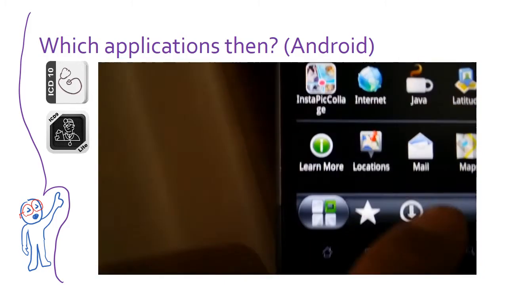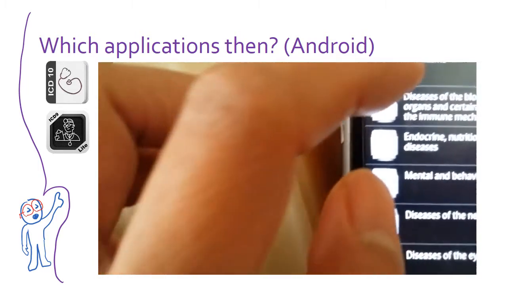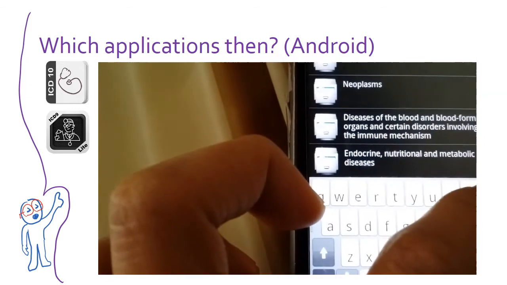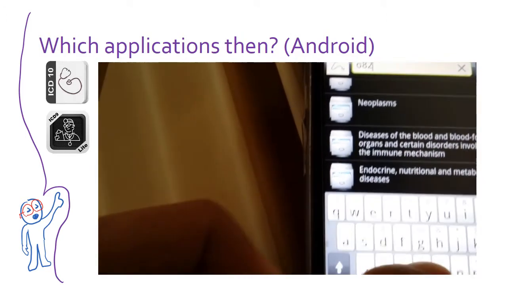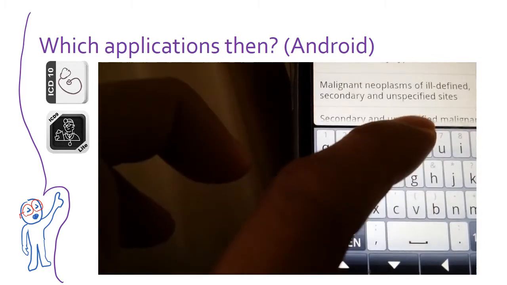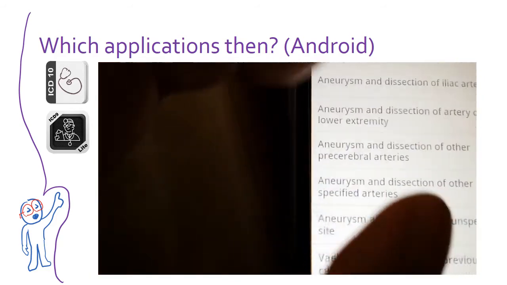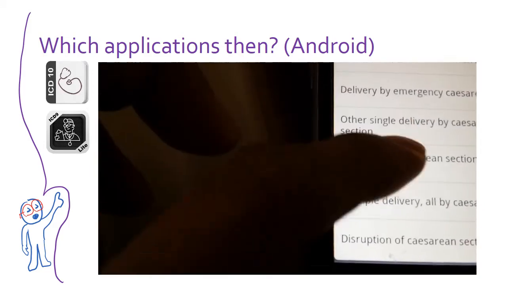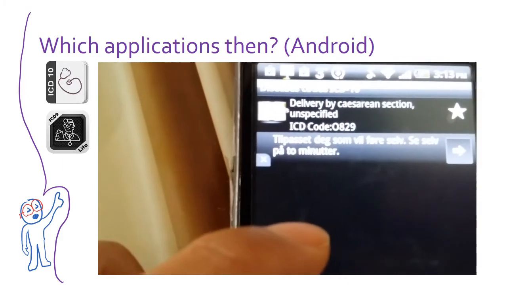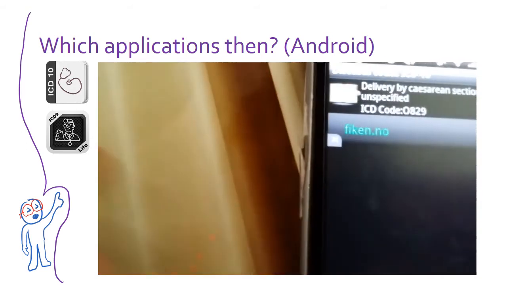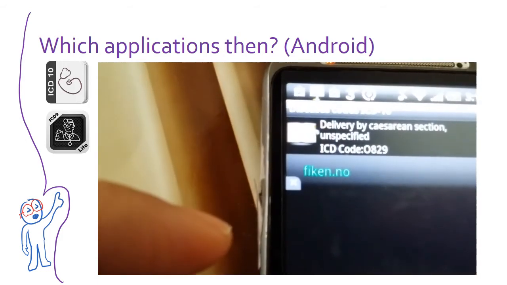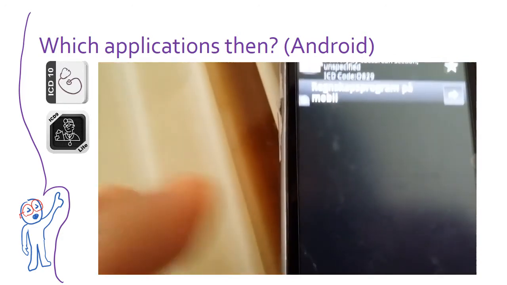Meanwhile, if, for example, you are using ICD-10, here you will find that it has expanded code versions, which is O82.9, or in other software it is O82.9, which is delivery by cesarean section, unspecified. So it gives you more descriptions compared to the previous software.